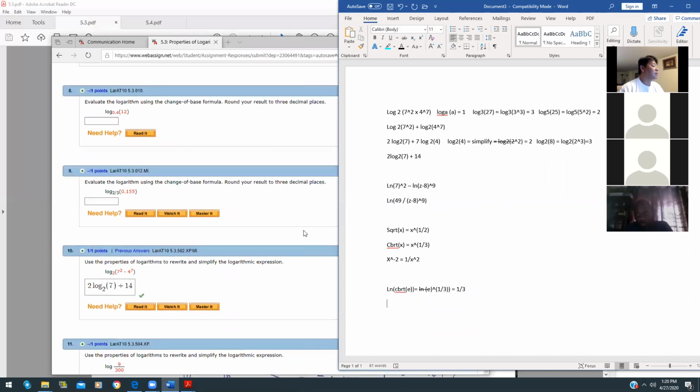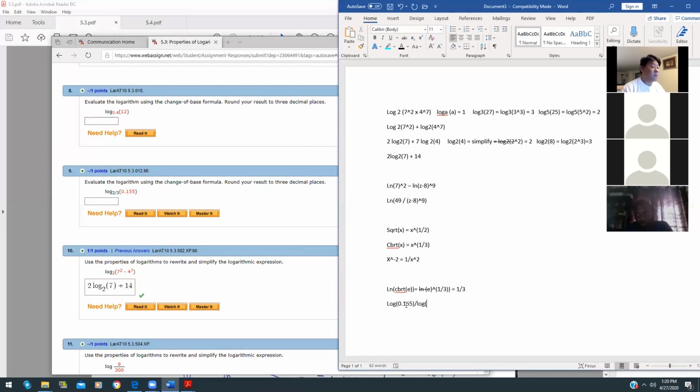So how will you do it? Chandra, you asked me that question. How did we change this to log or ln? Log something, right? What do we put on top? Chandra, what's the argument? 0.155 will be your argument, over log.